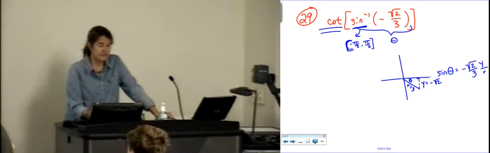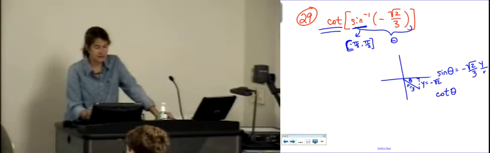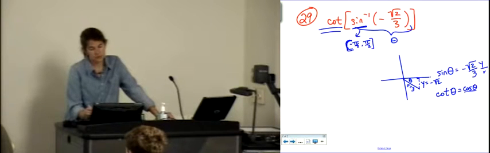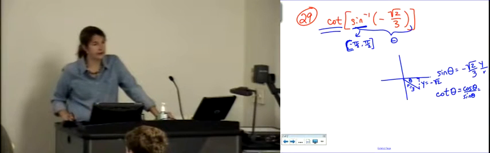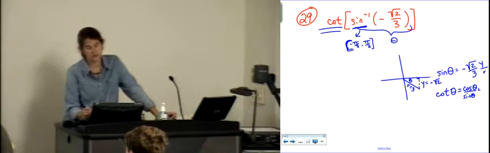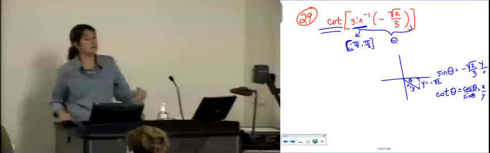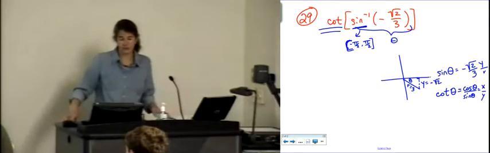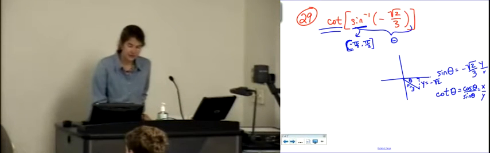Remember, the cotangent is equal to cosine over sine, or x over y. We know tangent's y over x, cotangent's x over y. I need to get my x value here.